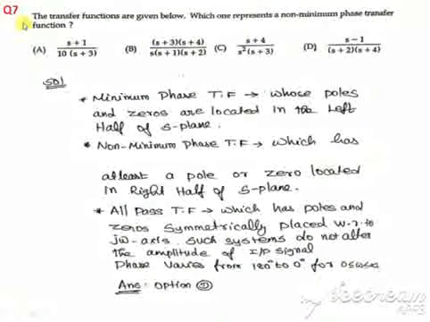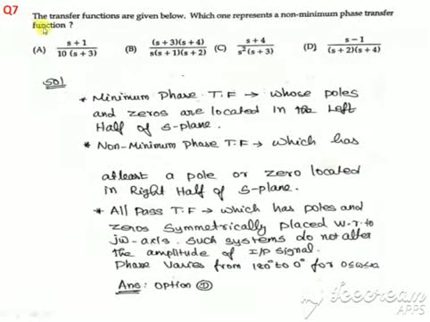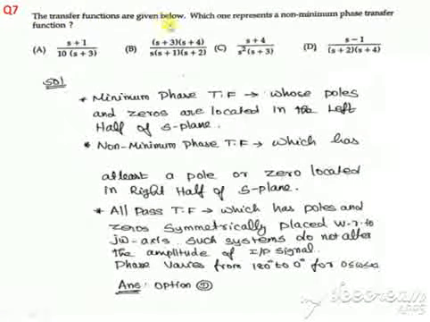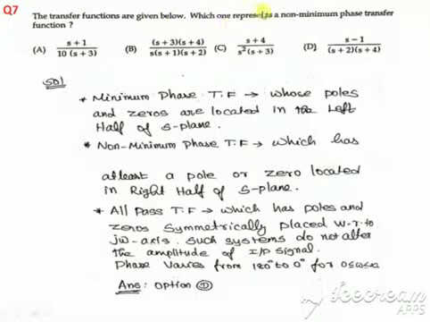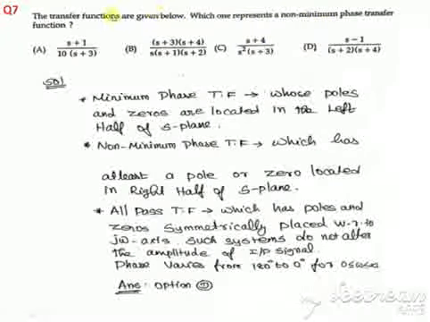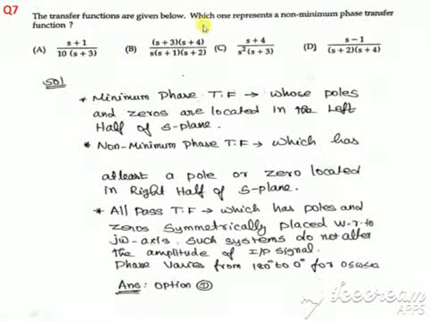The transfer functions are given below. Which one represents the non-minimum phase function? So first we need to understand what is meant by minimum and non-minimum phase function. A minimum phase transfer function is one whose poles and zeros are all located in the left half of the S-plane.